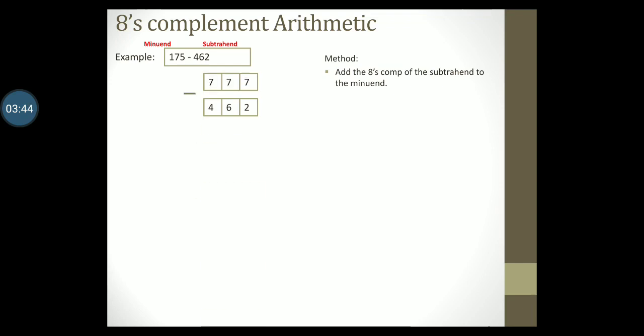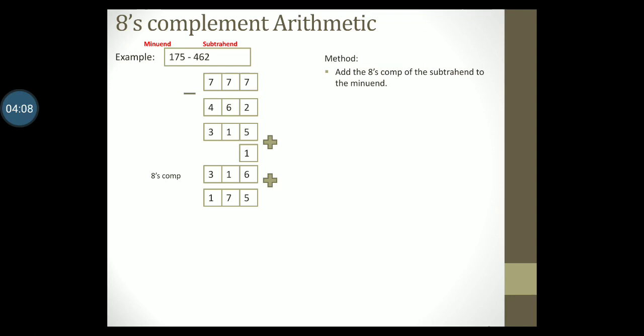Find its 7's complement by subtracting each digit from 7. We get 315. Now add 1 to the LSD to get its 8's complement as 316. The first step also tells us to add this value to the minuend, which is 175.